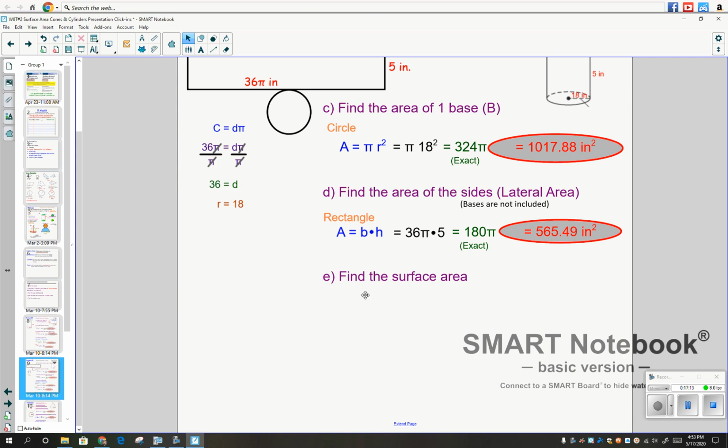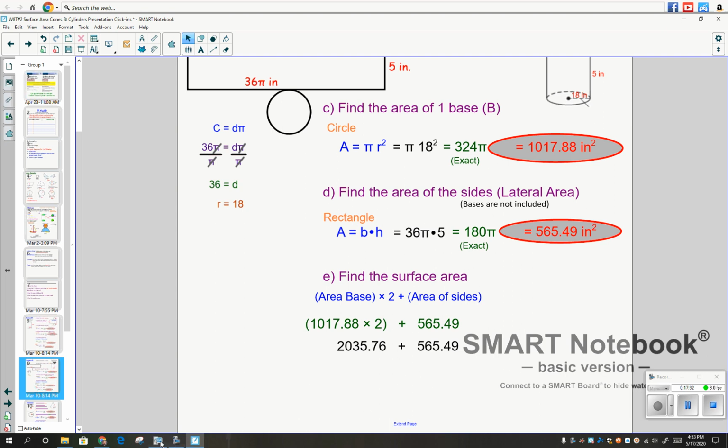How do I find the surface area? It's the area of the base times 2. So 1017.88 times 2 plus the sides, which is 565.49. If I multiply the base times 2, I get 2035.76.